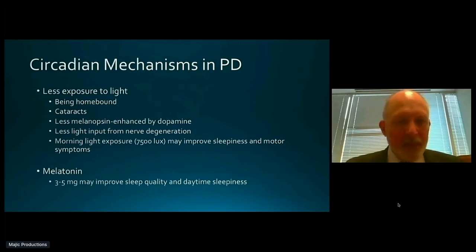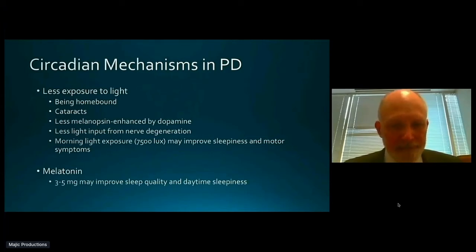There's less melanopsin, and this is enhanced by dopamine. So when you lose the dopamine neurons, melanopsin is a hormone that tweaks the circadian regulator in the brain, and losing those neurons makes it less able to do that. There's less light input from nerve degeneration if you have the optic tracts or behind that gone.